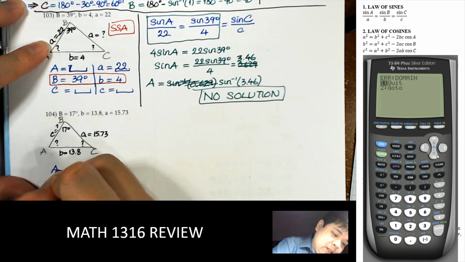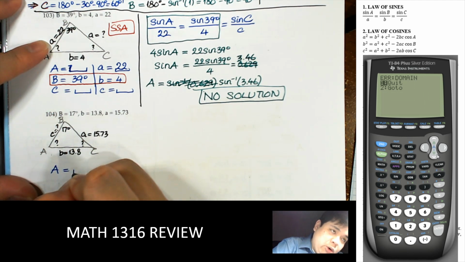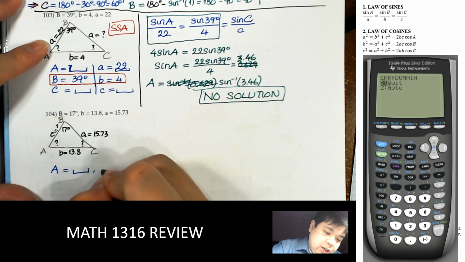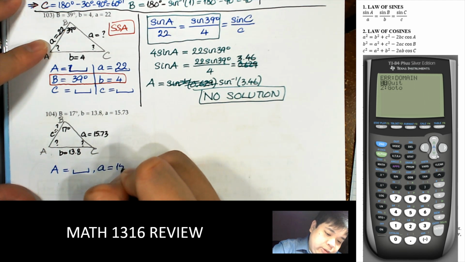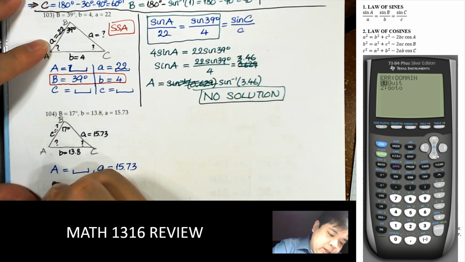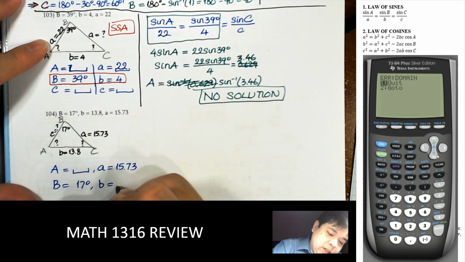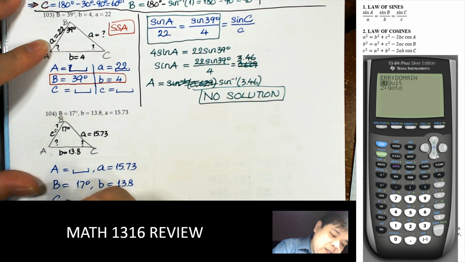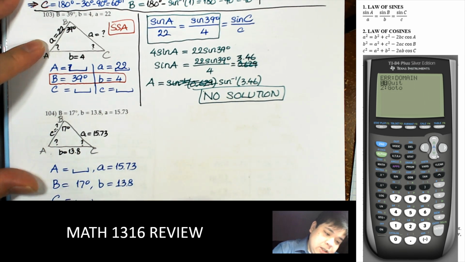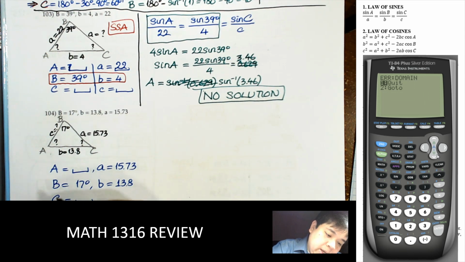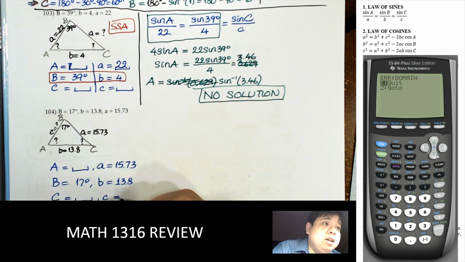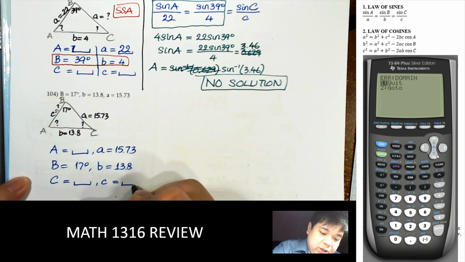A, we don't know A. Little a we do know, 15.73. B is 17 degrees, little b is 13.8. C, we don't know C, or little c, so we don't know either one of them.